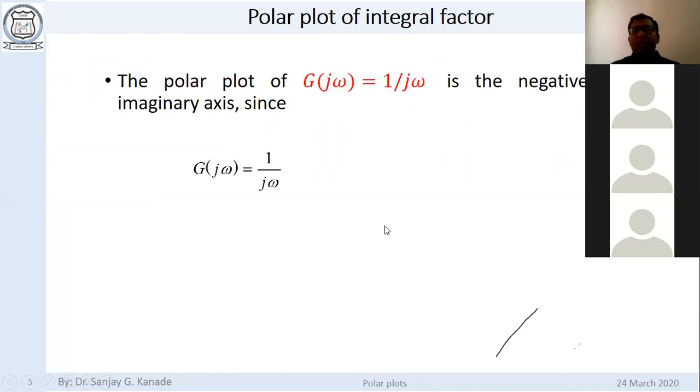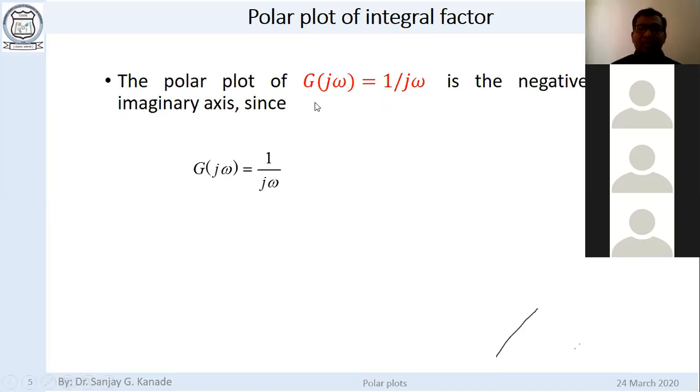Okay, so like we did at the time of Bode plots, how would a polar plot of an integral factor look? The integral factor means 1 upon s, so in the frequency domain, G of j omega is equal to 1 upon j omega.